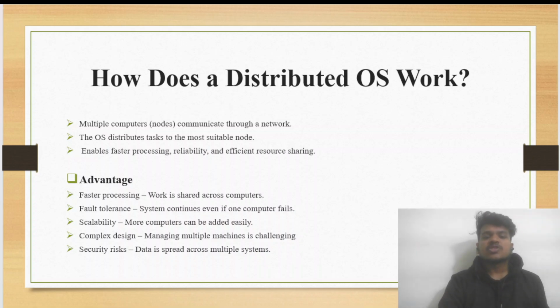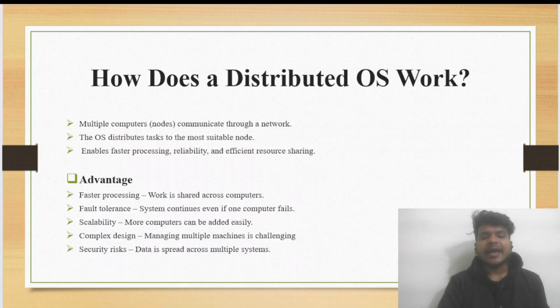Now let us look at its disadvantages also, because if something has a benefit, it will have a con also. Firstly, the complex design. Managing multiple computers is a really challenging task. You cannot expect to manage a number of computers, or a number of players in a football team, and think it is a very easy task.